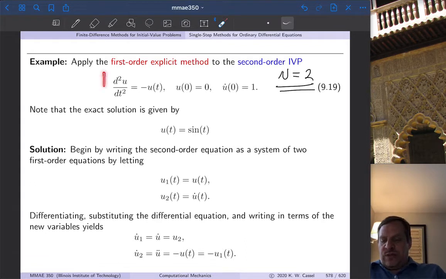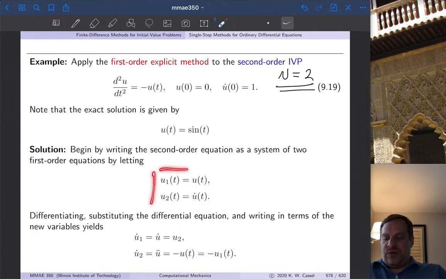All right, so we're going to convert this second order equation, N is equal to 2, into two first order equations. The method that we discussed last time is we define two variables, u1 and u2. u1 is simply the same as the original dependent variable u, and u2 is the same as its first derivative, du dt.